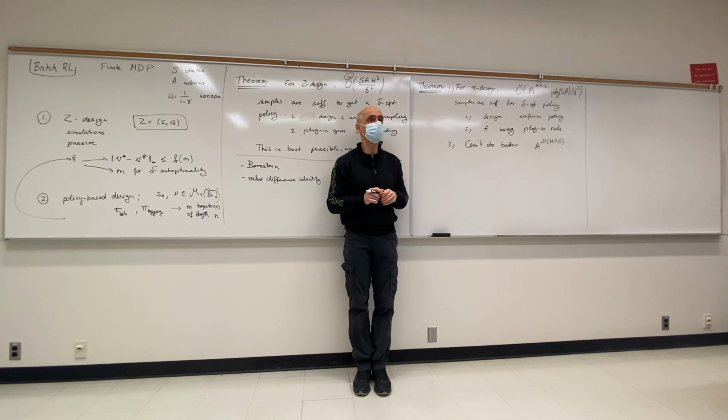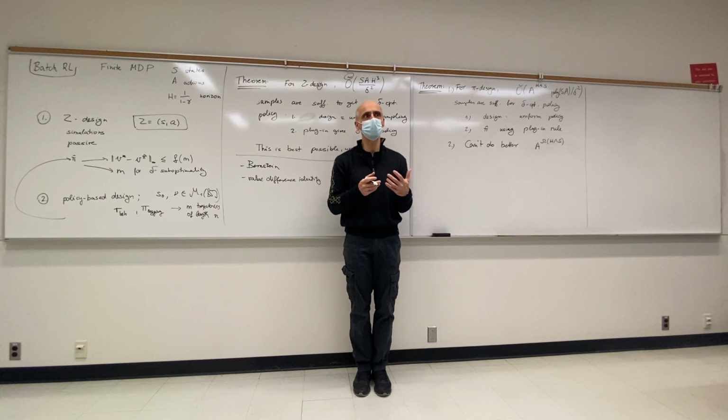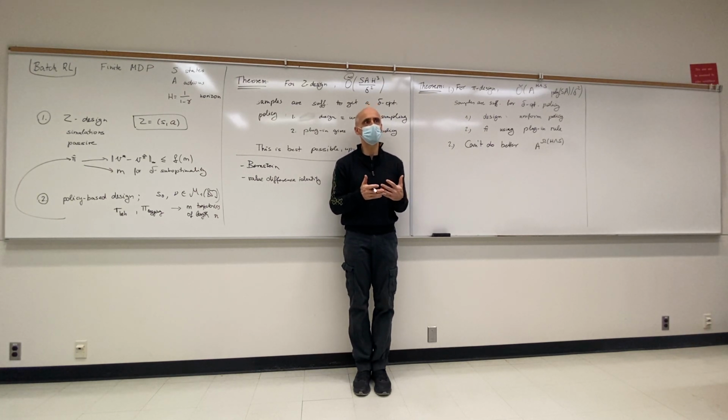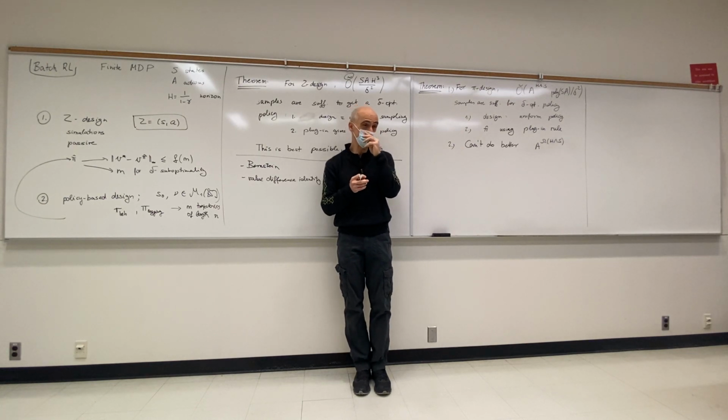By the way, interesting historical tidbit. There was a time when historically people first proved results like this for model-free algorithms, and there were speculations that model-free algorithms, because they don't need to estimate models, are inherently better. That speculation went like this.